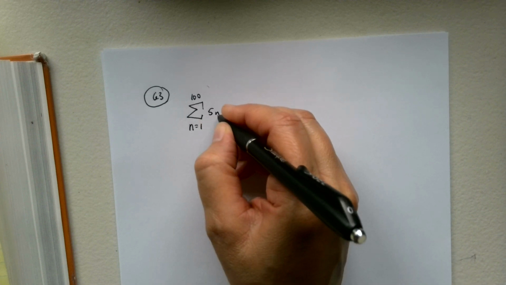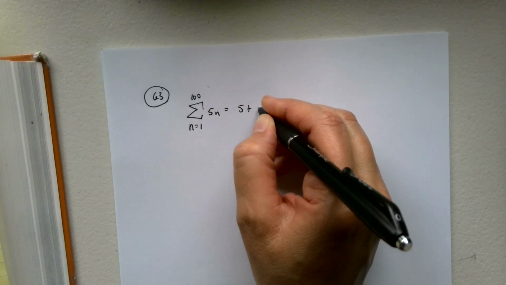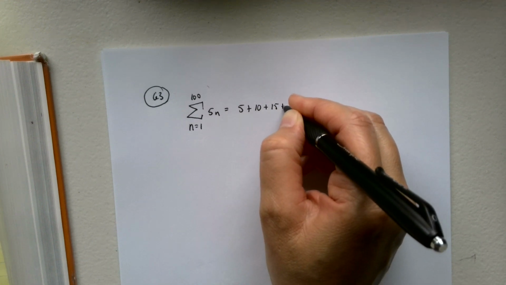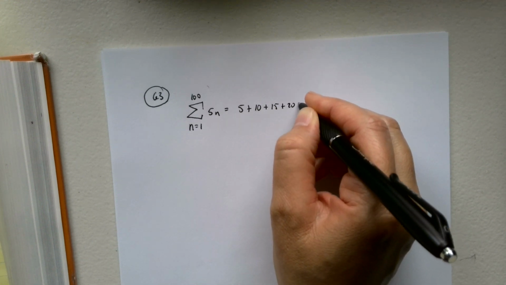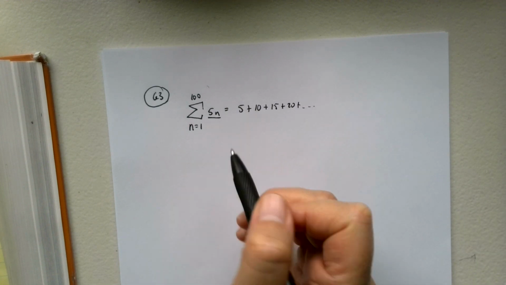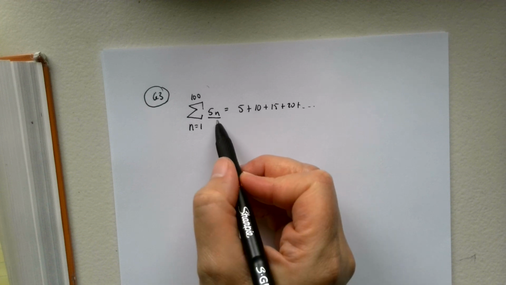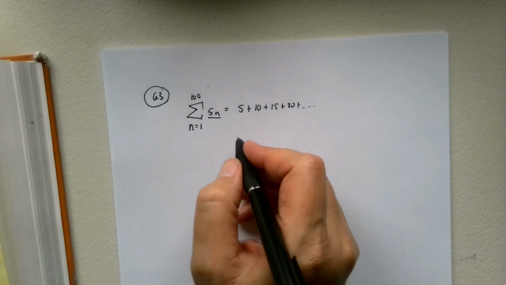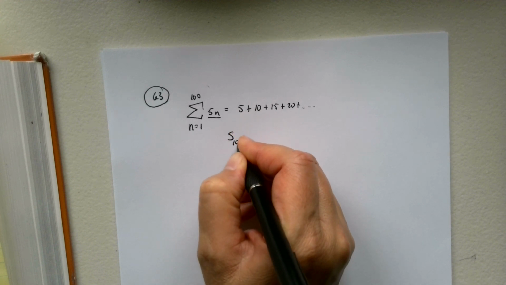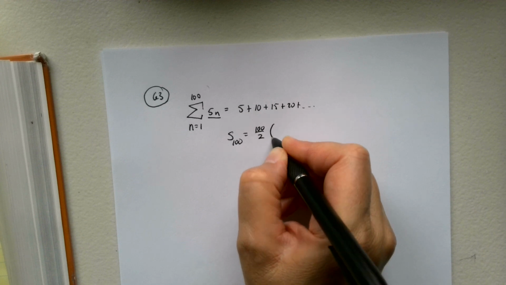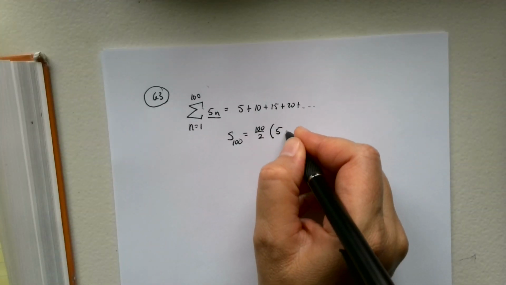When I put in 1, I get 5. When I put in 2, I get 10. When I put in 3, I get 15. 4 would be 20. Even though this doesn't look like the formula we learned yesterday, we're basically just adding 5 each time. So this is arithmetic. If I want the sum of 100 terms, I'm going to take 100 divided by 2. I'm going to take the first term, which is 5.